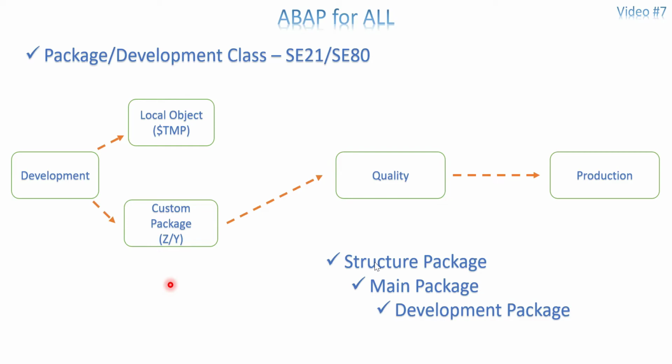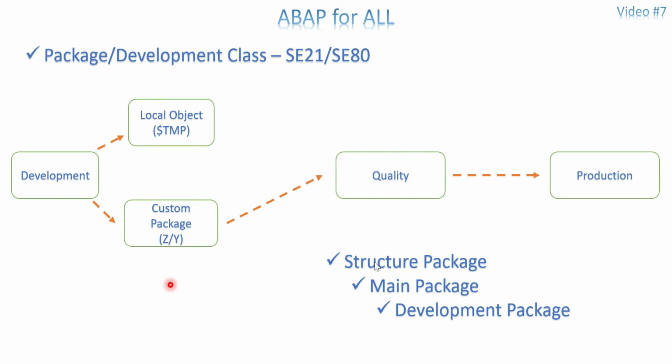For example, once you start developing, you have some dependent objects. If you take a table, it has some fields, data elements and domains. These are hierarchy and dependent objects, so the data element depends on the domain. Suppose by mistake you keep a domain in a local object, which used to happen initially, or you keep the domain in a different transport request, transport number 2, and the table and data elements belong to transport number 1.